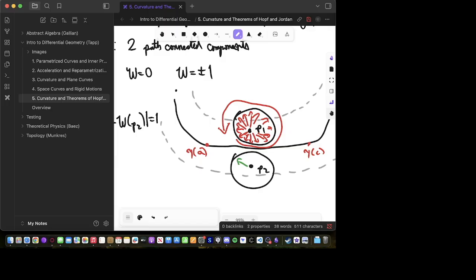So they probably go up, and then they come back to here, and then they go back there to A. So we do that.